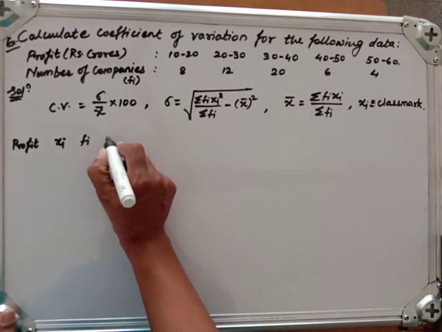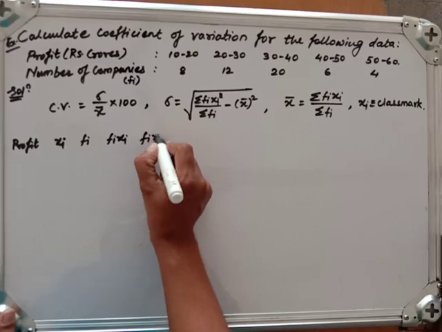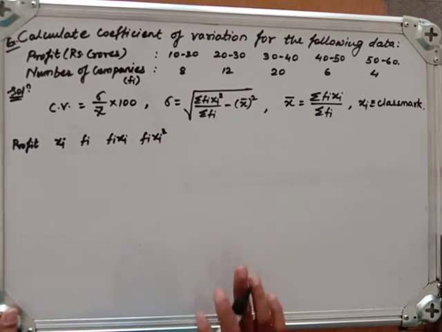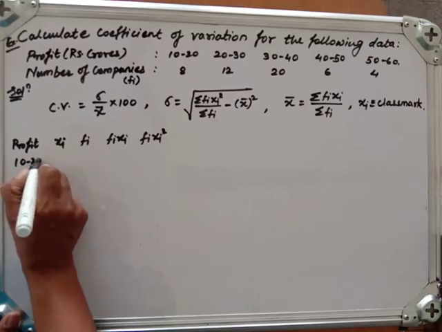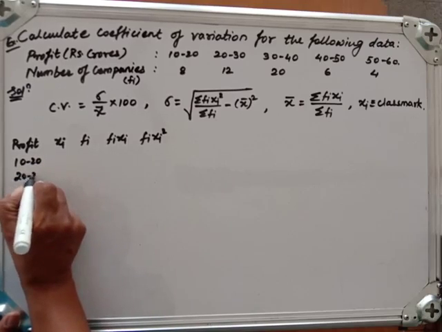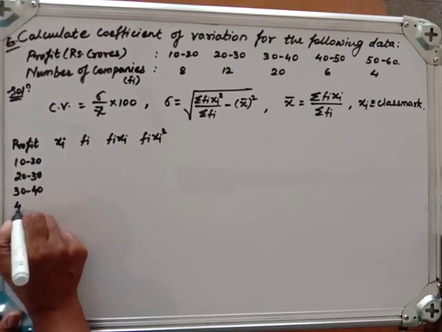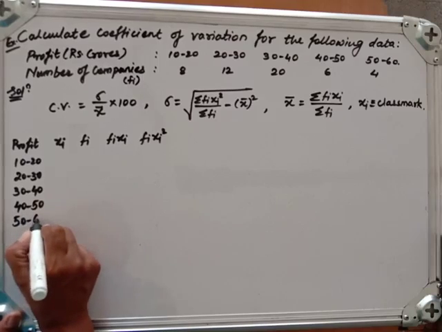Let us find them so that we can substitute them in the result. Profit is between 10 to 20, 20 to 30, 30 to 40, 40 to 50, 50 to 60, as given to us.